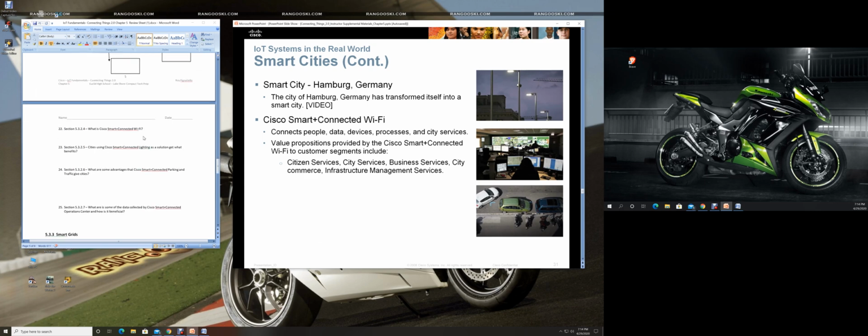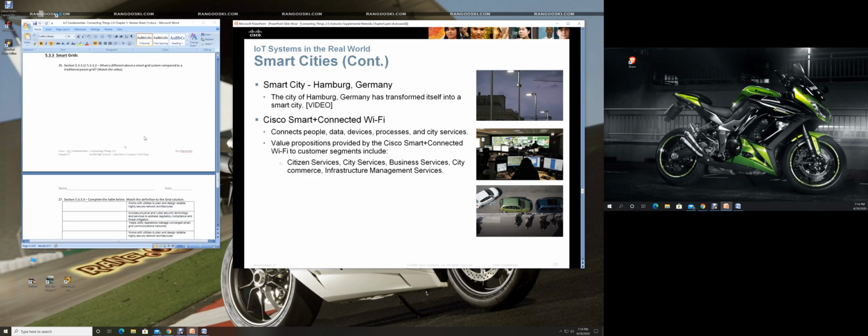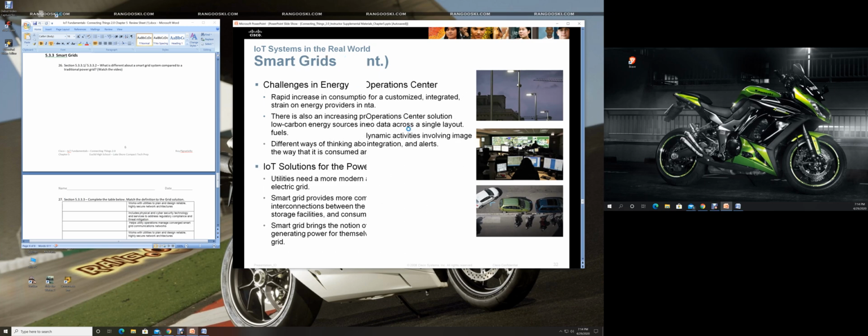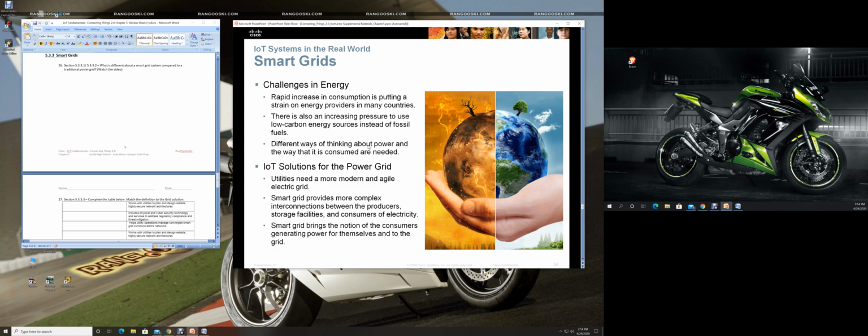So that's sort of the second one, and then the last one kind of leads into what I was talking about, the grids. How does all this stuff help us to be more efficient in the way we use power, because power comes from fossil fuels right now, and other ways.